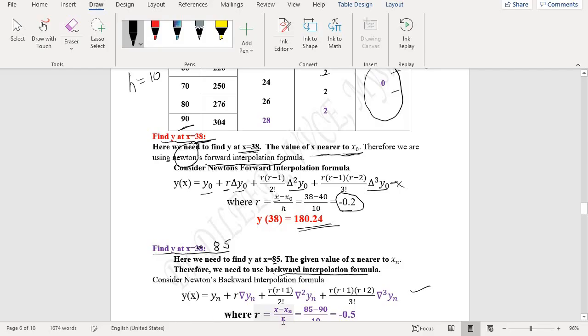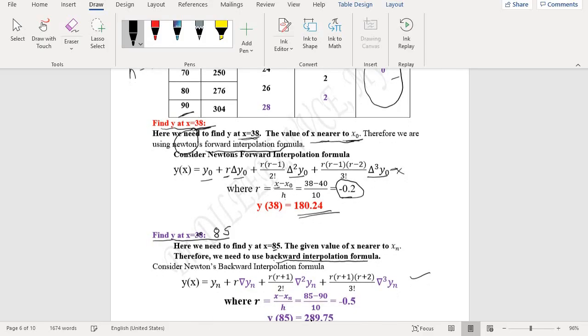For here, to find out r, we know the formula already. X minus xn by h. I am finding y at x is equal to 85. So consider that here. Xn means the last value of x, that is 90. Step length will remain the same, 10. You will get minus 0.5. So substitute r as minus 0.5.